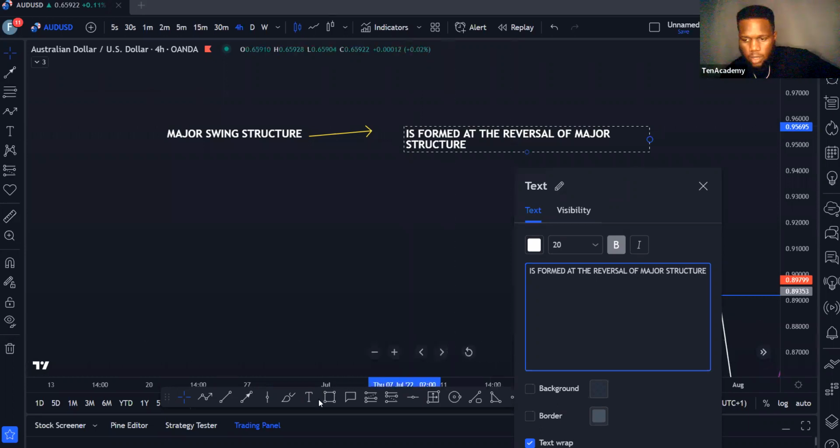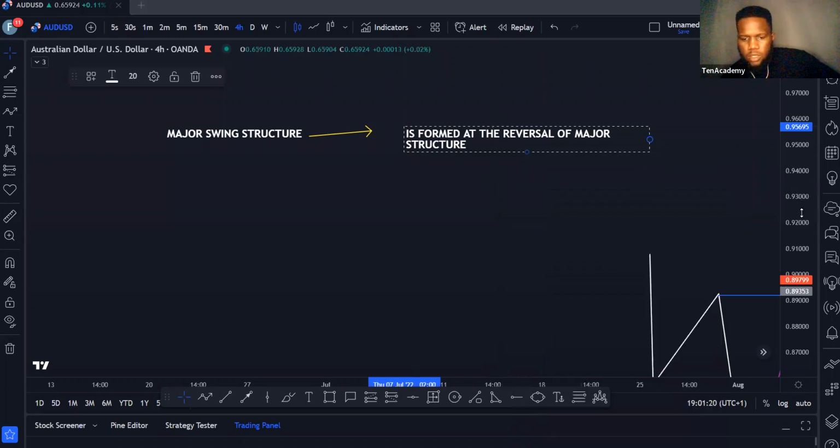Major swing structure is formed at the reversal of major structure. So you would only find major swing structure outside of major structure. So here's what I'm talking about.